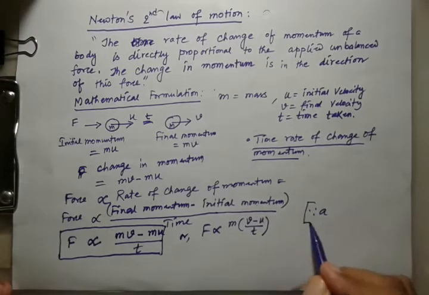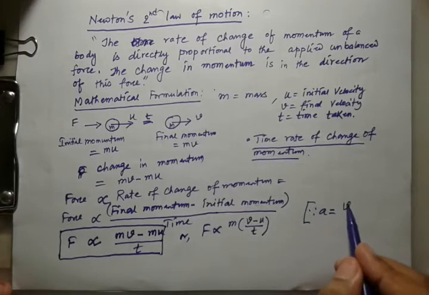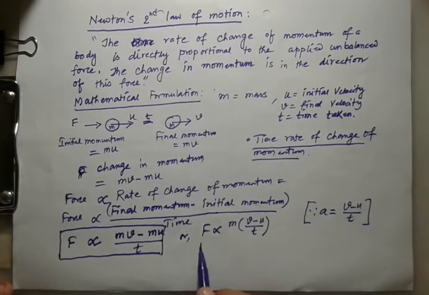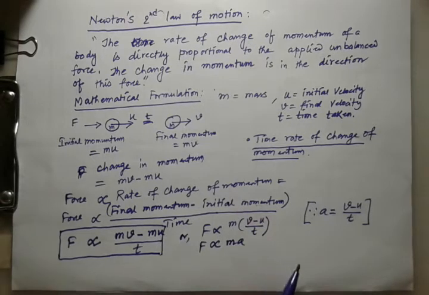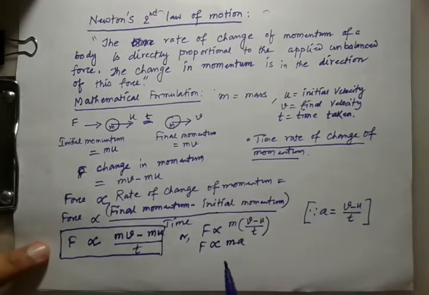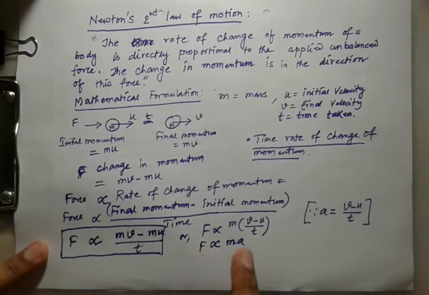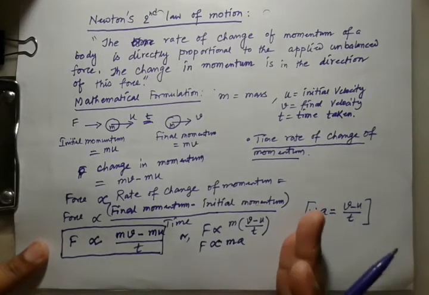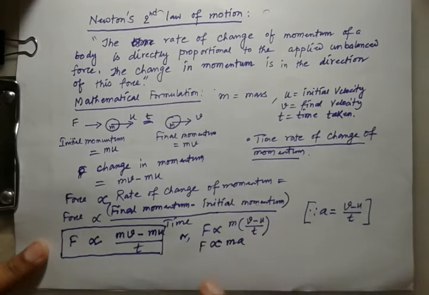Write a equals v minus u by t. So you can write F is directly proportional to m into a. Now remember one thing: proportional means if something is increasing, there are two types, directly proportional and inversely proportional.